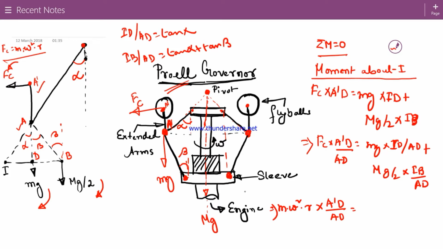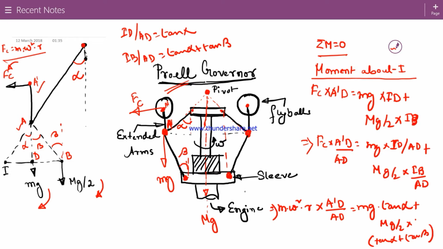So we can write it like that: mg tan alpha plus Mg by 2 into tan alpha plus tan beta, isn't it?